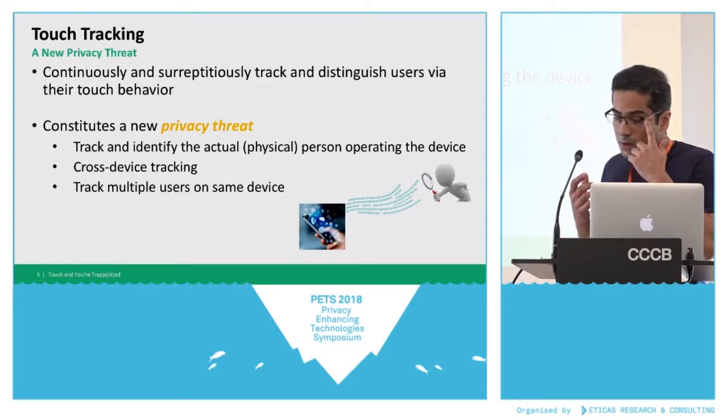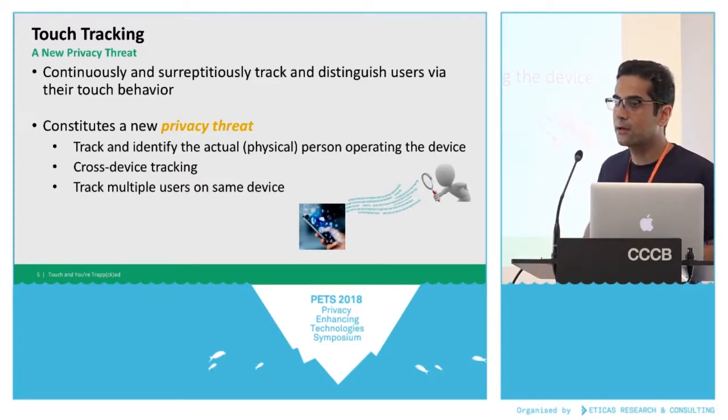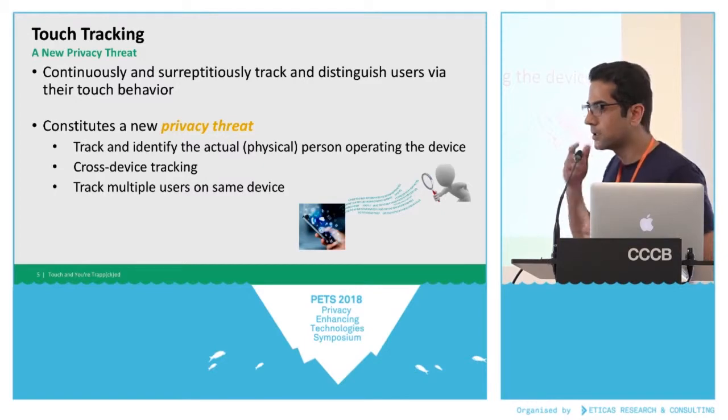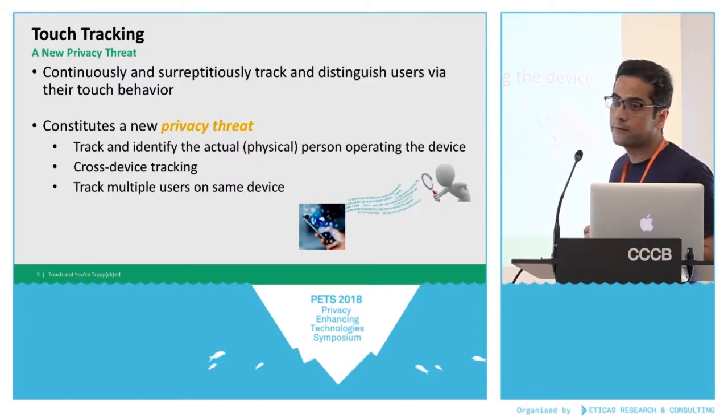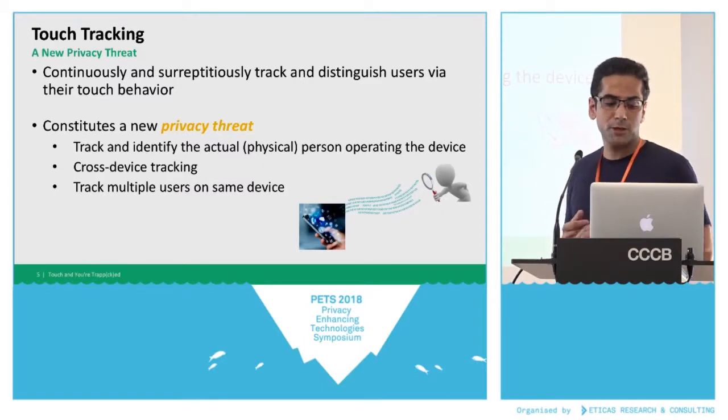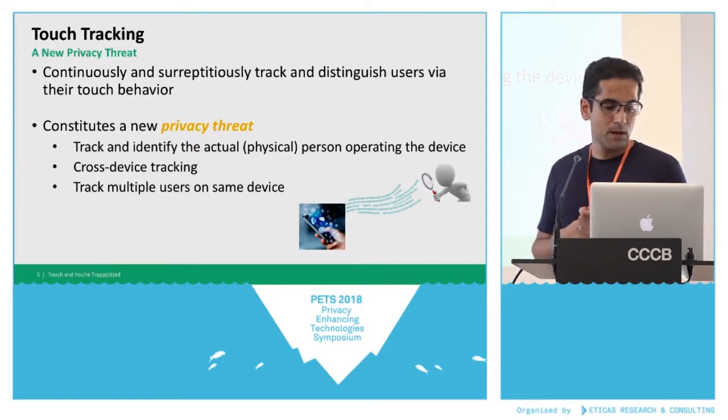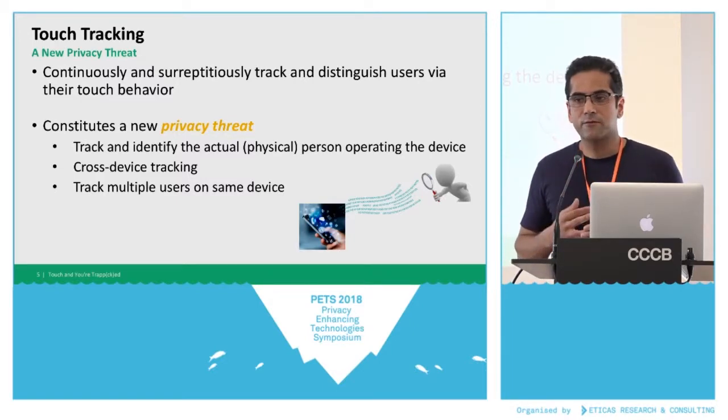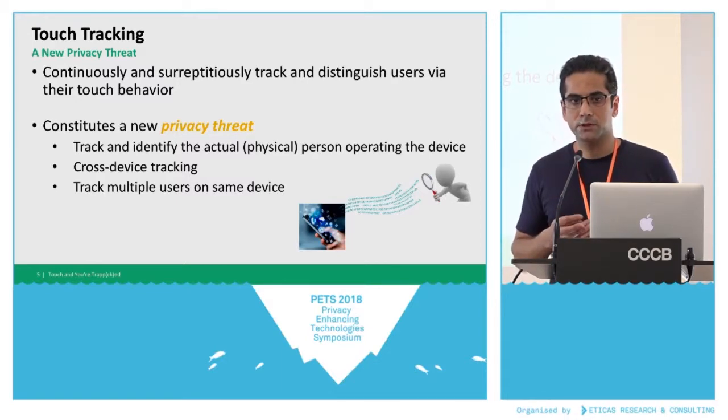We consider it a new privacy threat, and particularly dangerous because it could identify the actual physical user behind the device. If the same user is using multiple devices, it could be used to track that user, which is slightly different from, say, browser-based tracking, where you're tracking the browser used in a particular device.